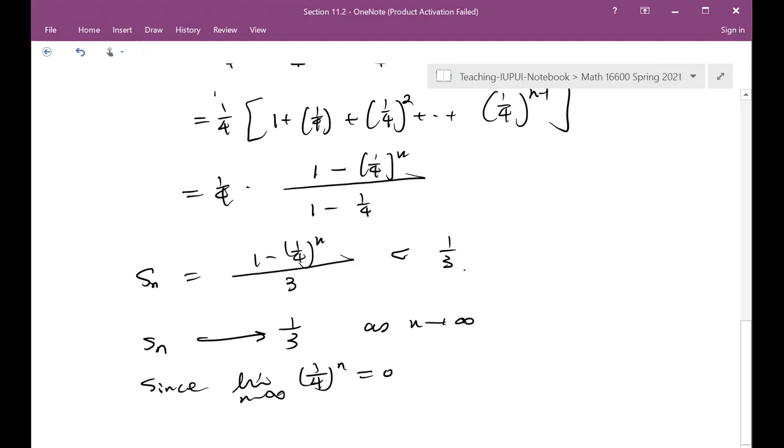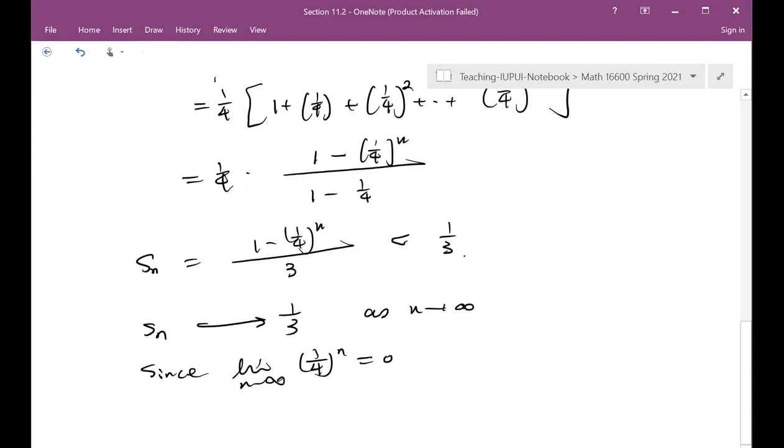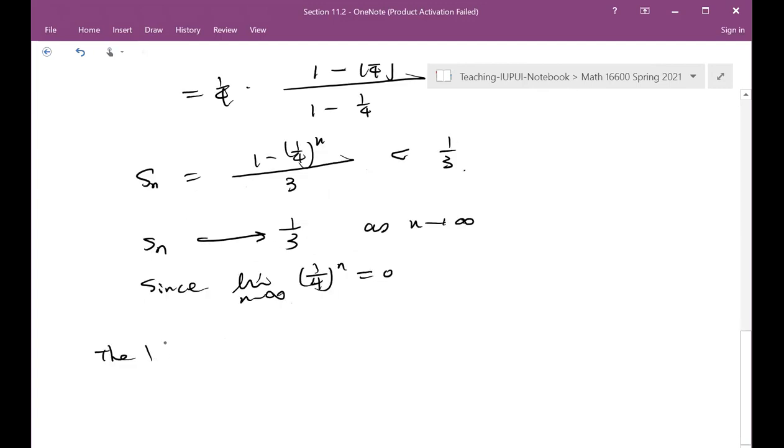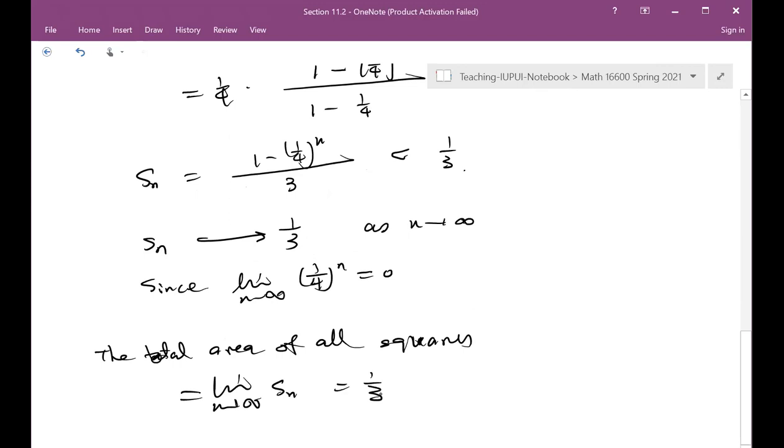Okay, so that's why the total sum, the total area of all the squares, is going to be the limit as n approaches infinity, which is just 1/3.